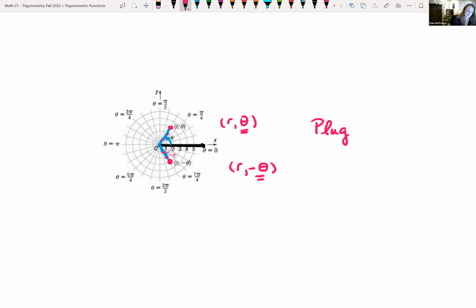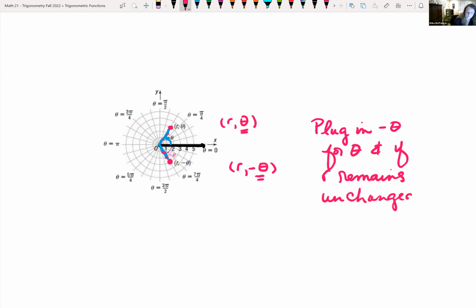So plug in negative theta for theta, and if r remains unchanged, then it's symmetrical.